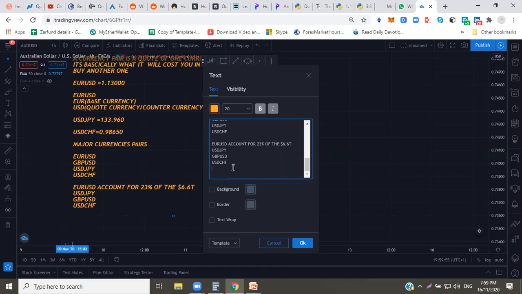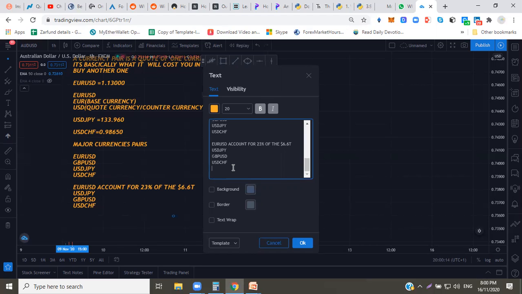Euro USD is number one, USD JPY is number two, GBP USD is number three, and USD CHF is much smaller than the first three.